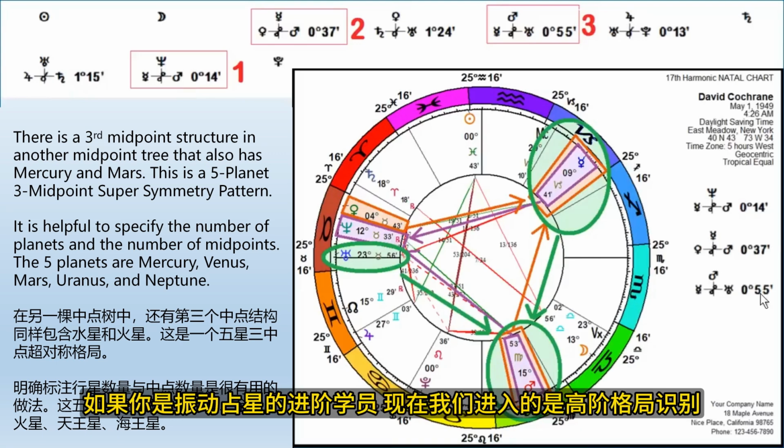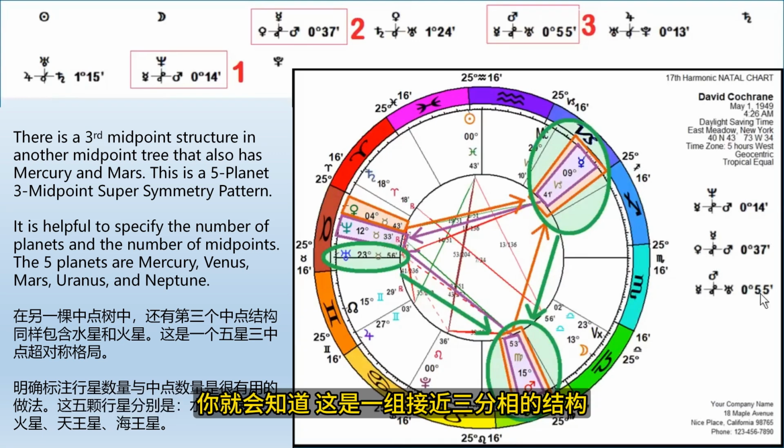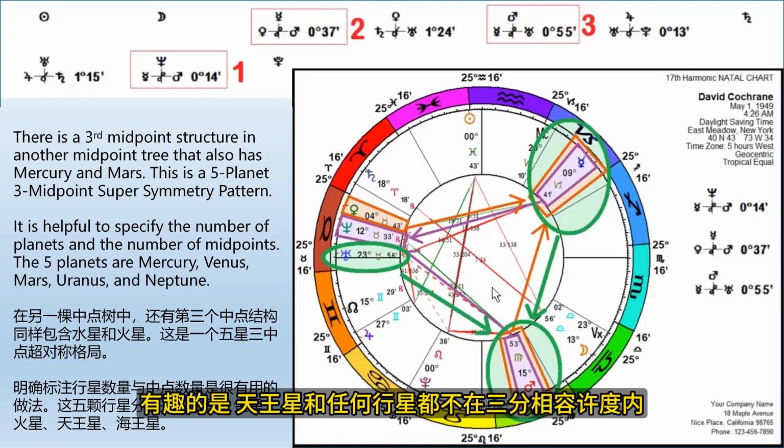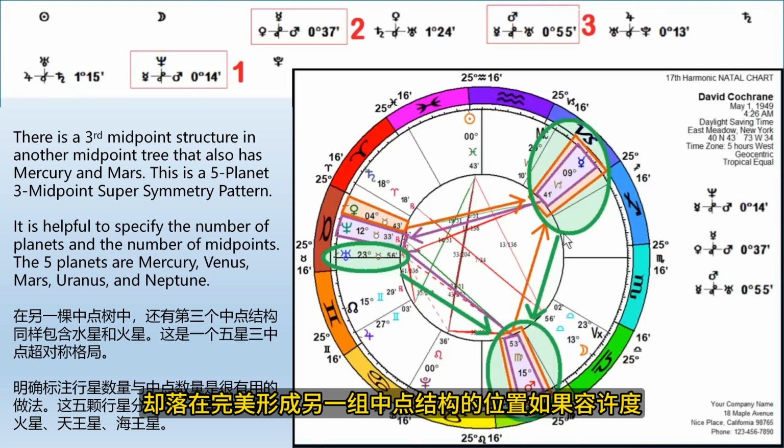And then if you're an advanced student of VA, which you now are, we're getting into advanced pattern recognition here, then it's one of those trine kind of things. They're not necessarily within orb of being trine, but they're lining up in just the right spot. The interesting thing, Uranus is out of orb of trining anything, but it's at the perfect spot to make another midpoint structure.